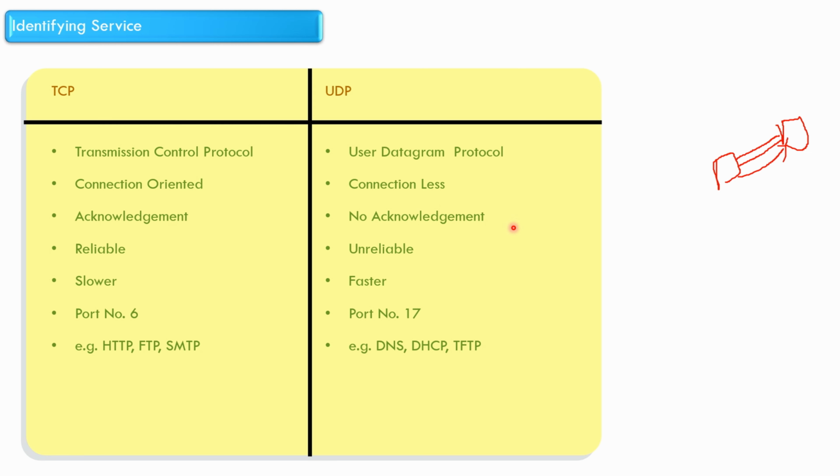It's directly transmitting data. It's unreliable and faster. A live example: if you are watching a live sports game, cricket or football, it uses the User Datagram Protocol to transmit the live broadcast. Examples are DNS, DHCP, and TFTP.